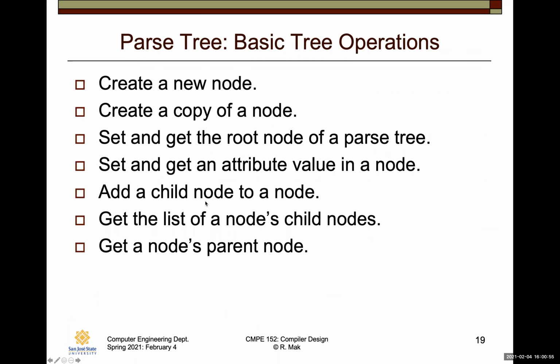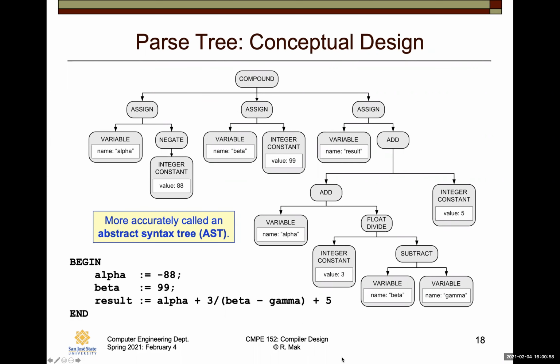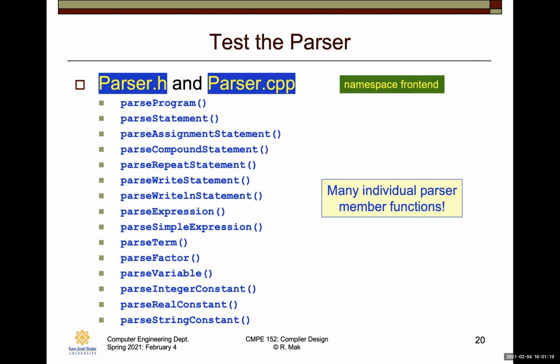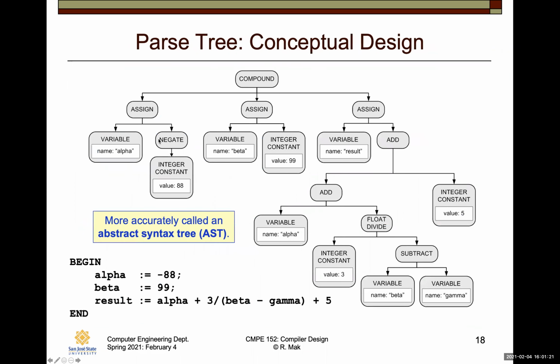So the nodes can have attributes. You want to add a child node to a node. So here we have the float divide, and we needed to add this child here to that node. So we want to be able to add child nodes. If we have a node that has children, you want to be able to get a list of the children. So here is compound. What are the children of the compound node?